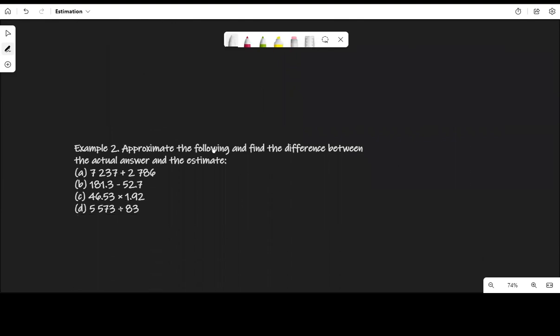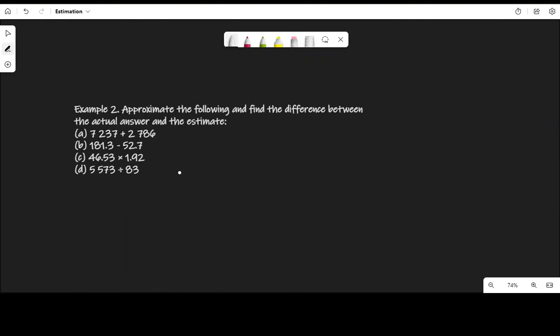Approximate the following and find the difference between the actual answer and the estimate. Okay, so in this case, I'm going to get both. Let me use a table to do that. On one side of the table, I'll have the actual answer.